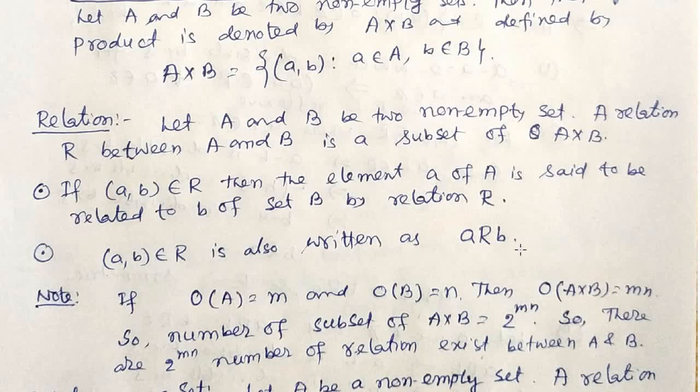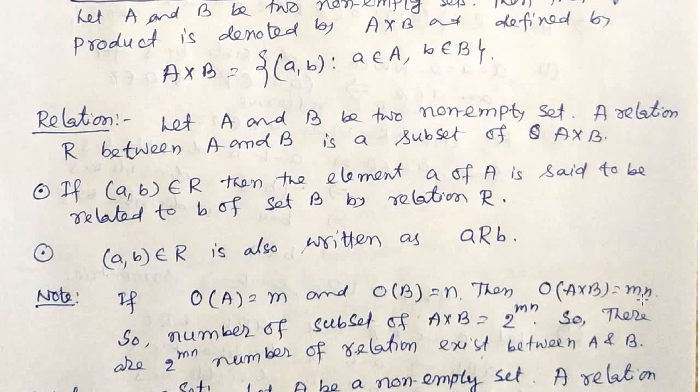Now, if the number of elements in A is m and the number of elements in B is n, the number of elements in A cross B will be mn, because we are taking all these elements from A and all these elements from B. So the order of A cross B is mn.